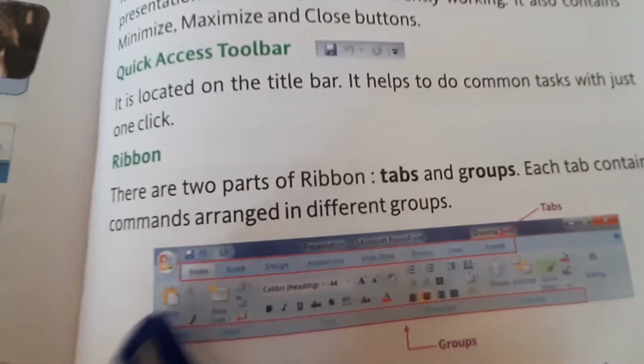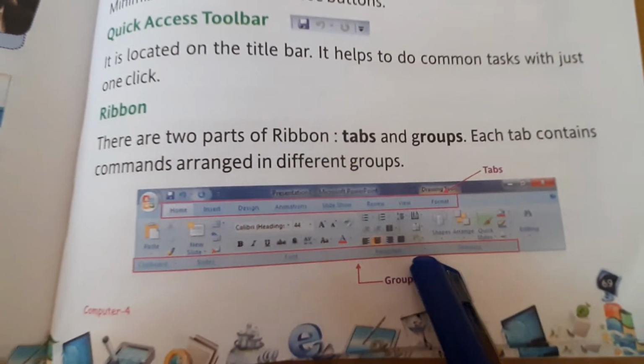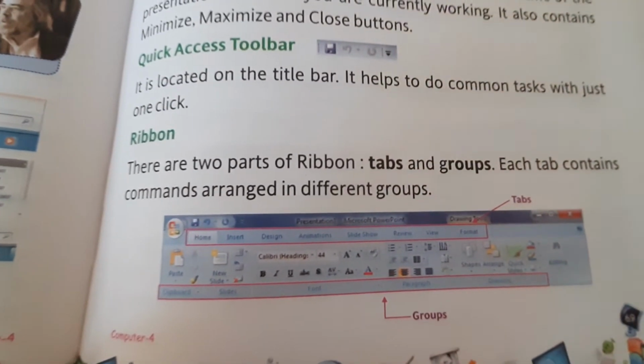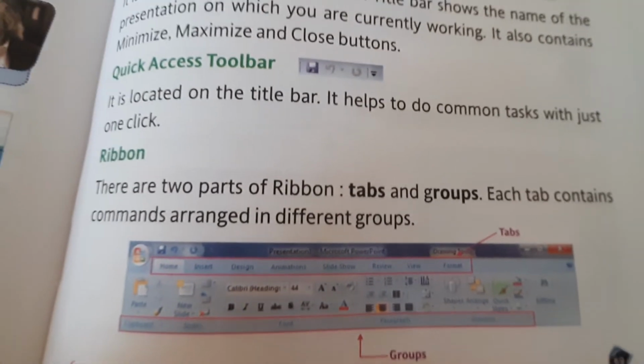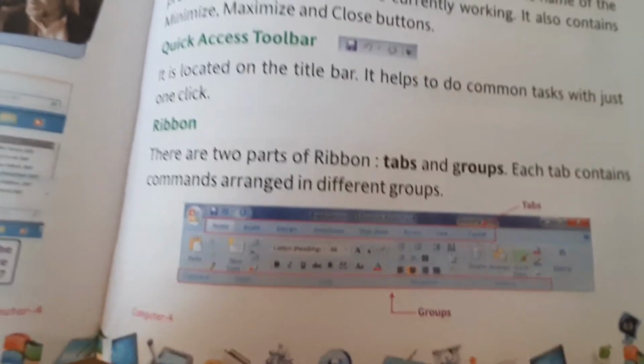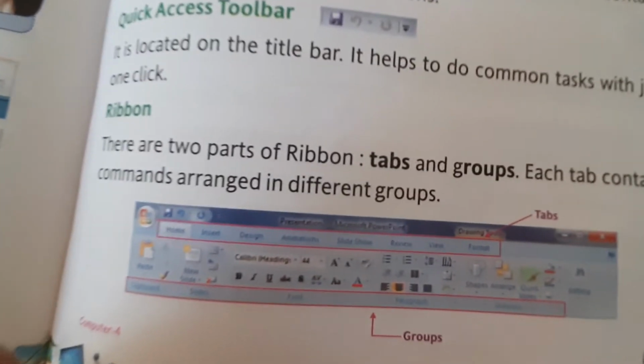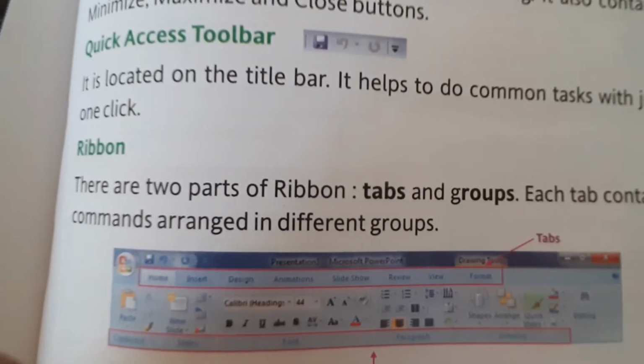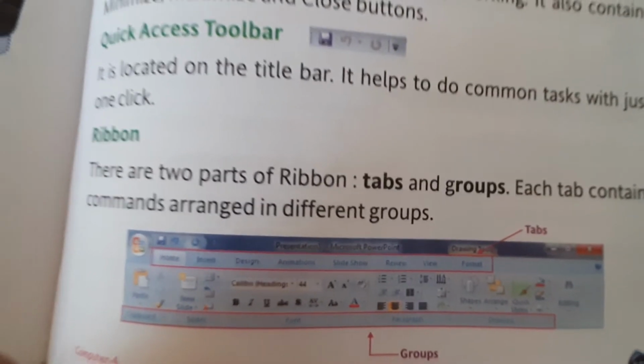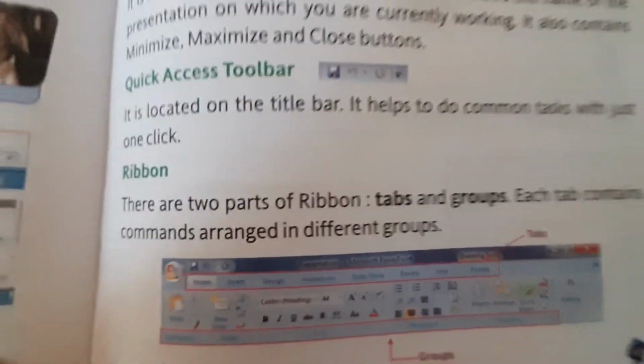Each tab contains commands arranged in different groups. We can say there are 8 tabs, and the ribbon is associated with 8 tabs, with the commands arranged in different groups in that ribbon. Now, the Office button.